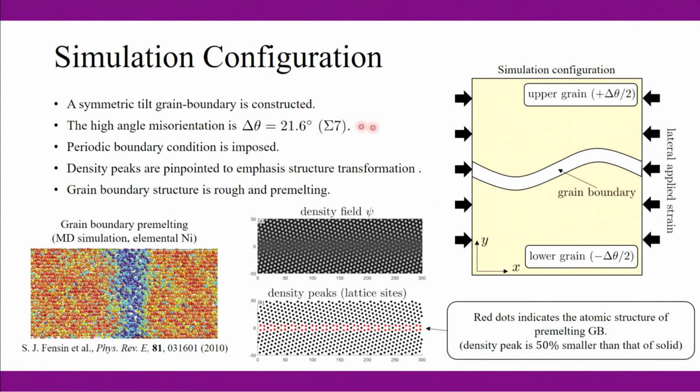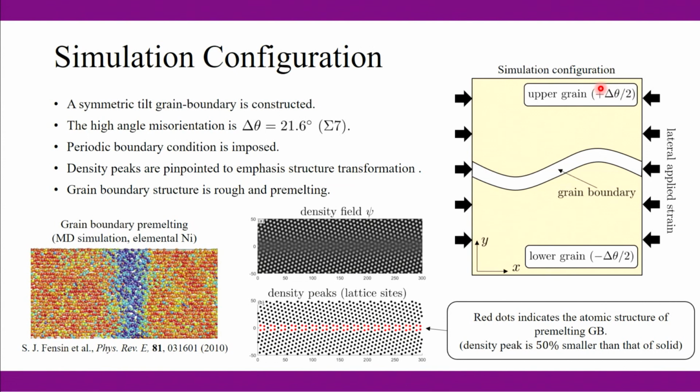So here it's positive and negative 10.8, which is the second smallest simulation domain that we showed in the tutorial session. So the misorientation here is 21.6 degrees, with periodic boundary conditions. So actually there will be two grain boundaries, one at the center and the other on the top. But to avoid grain boundary interaction, we are making the y dimension rather extended.